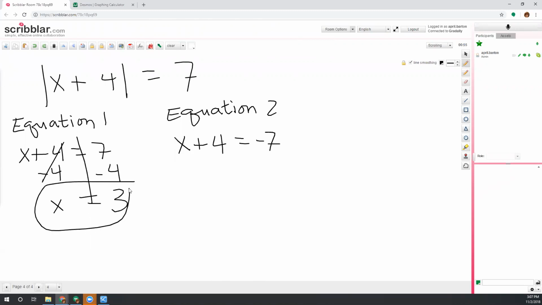So when it was super simple, the two answers looked exactly the same, but just one positive, one negative. When it's more complicated, when we do our opposite now, it's going to give you a different number. It's not even going to be a 3 anymore. What do we get when we do the negative 7 minus 4 for our second equation?